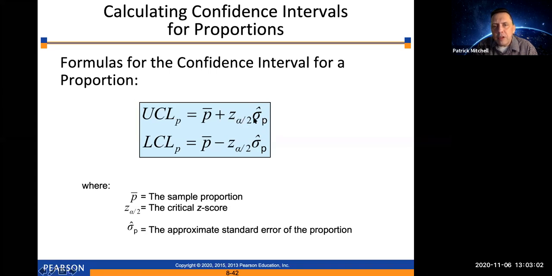This is similar to what we've done in both of the last two sections. In the last section, we had to use the student's t distribution instead of z. For a confidence interval for a proportion, we do use z because we're using the approximation using the normal distribution.